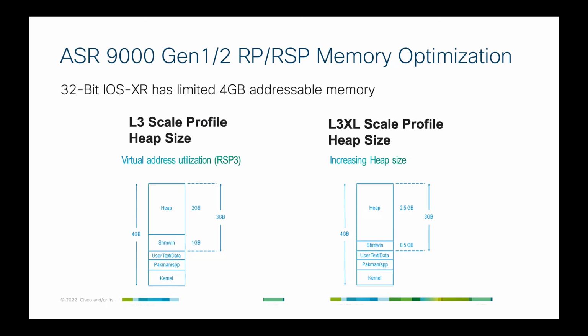You need the RIB to build up the FIB table and then download it to the line card. But since we have this limited memory heap space, if we're looking to support a larger Layer 3, then we need to optimize the heap memory so that we can support customers' larger forwarding demands.